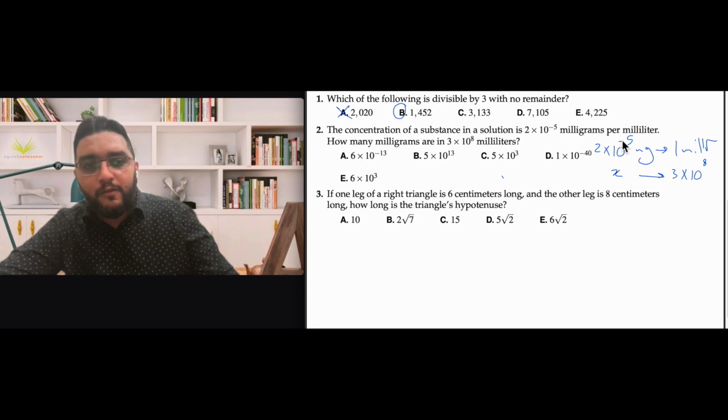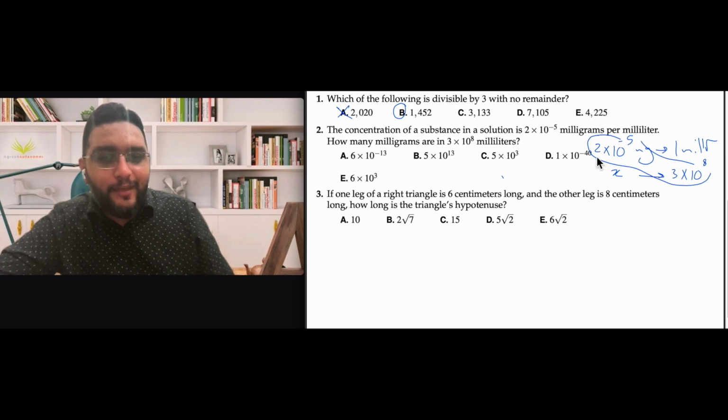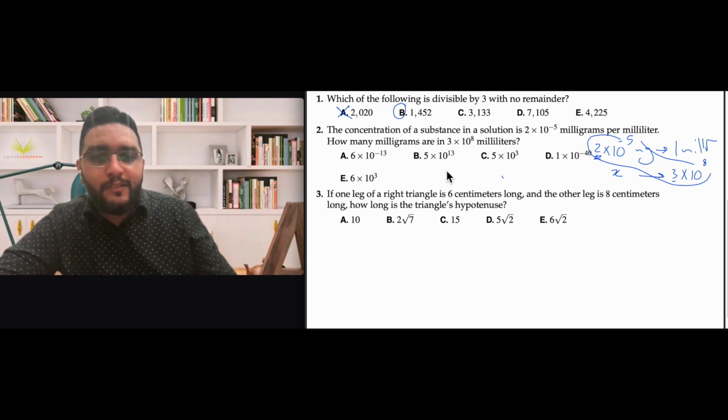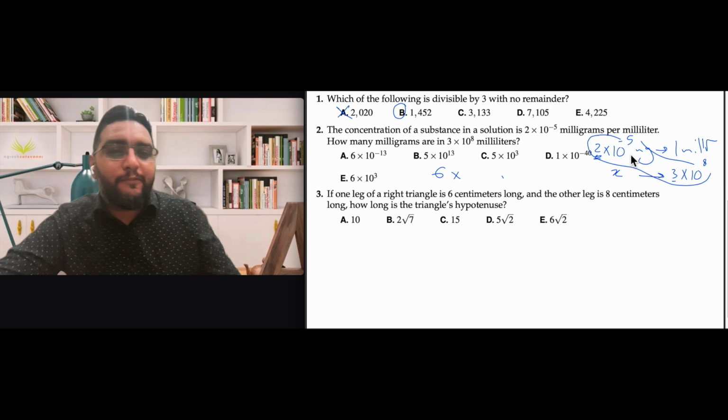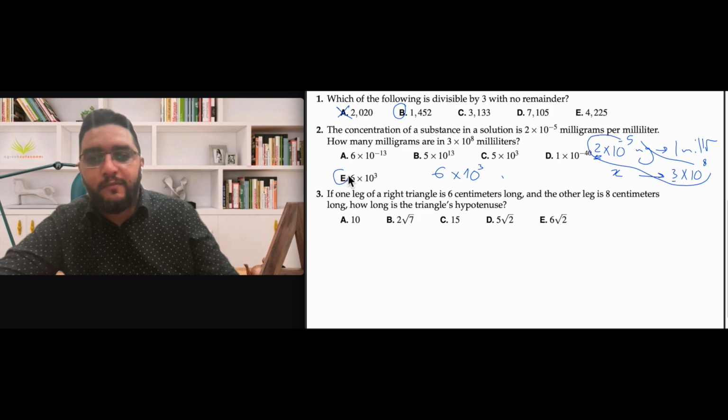So just make a cross multiplication, multiply both numbers together. You can use the calculator, or we can find the product. 2 times 3, which equals 6, and 10 raised to the power of negative 5 times 10 raised to the power of 8. As we said before, we will just add the exponents, so the answer is 10 raised to the power of 3, so the answer is E.